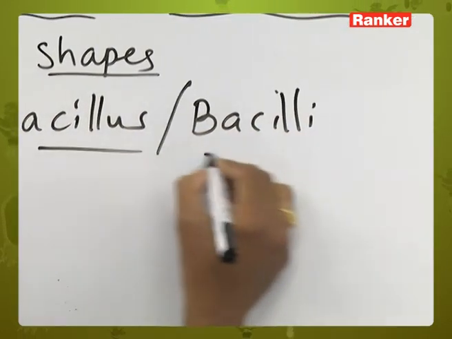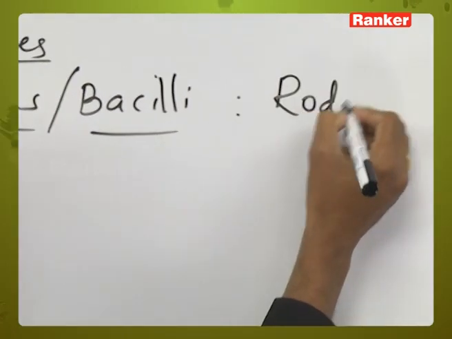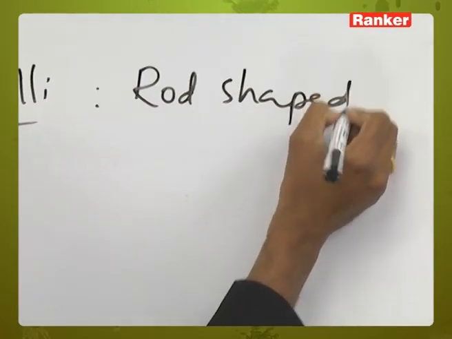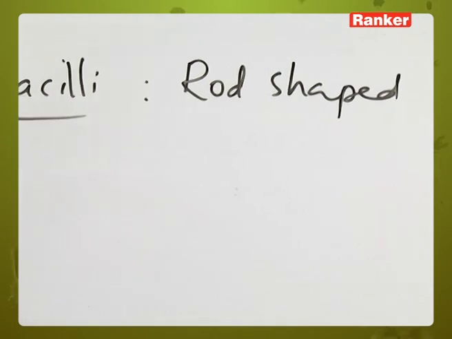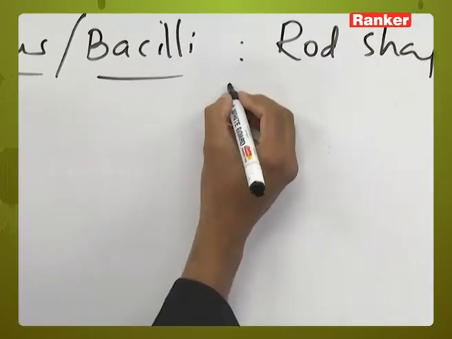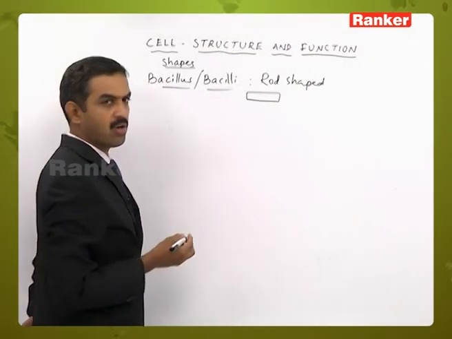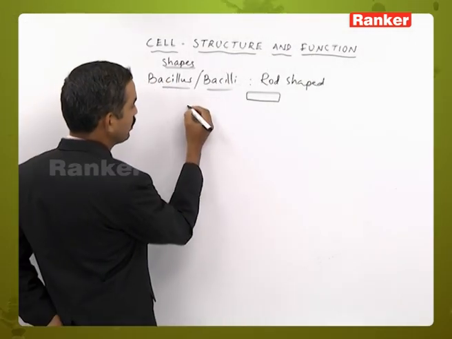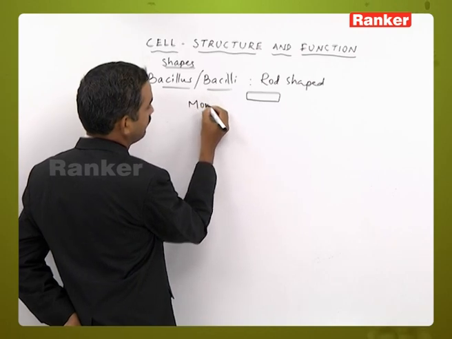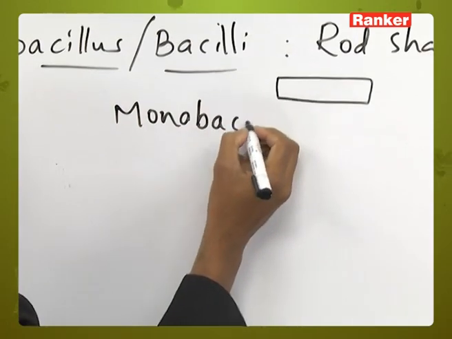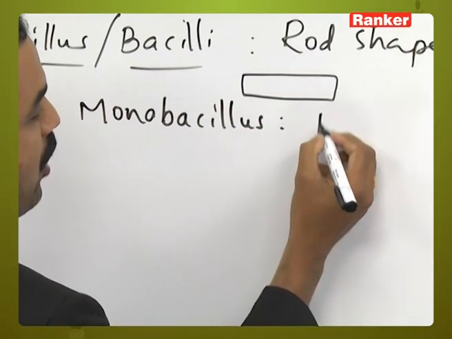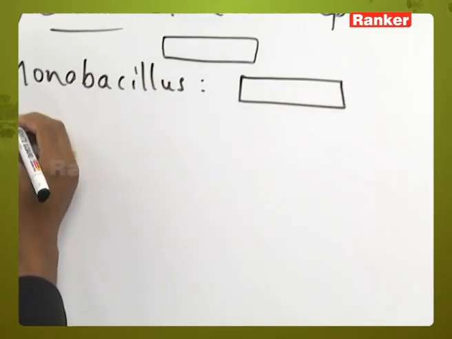Bacilli or bacillus means the rod shaped bacteria. Here they appear rectangular or rod shaped, based on the number of cells. So here also monobacillus, only one rod shaped bacterium is present.